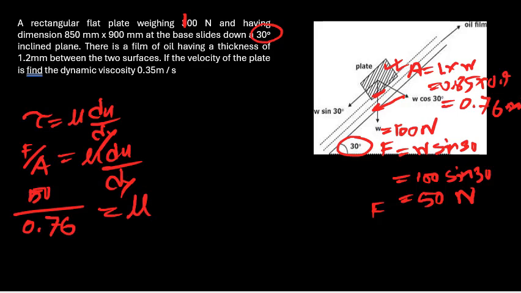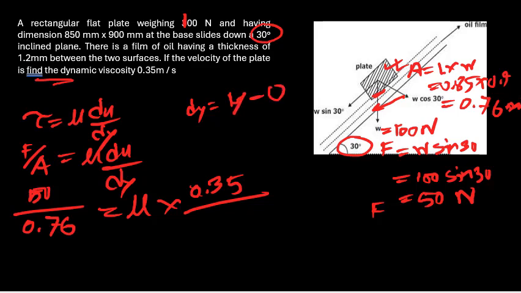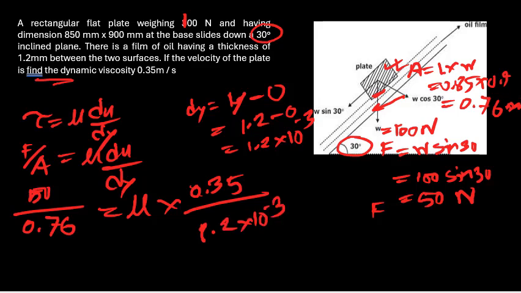Mu, the dynamic viscosity, we have to find out, and U is given as 0.35. Then dy equals final minus initial, that is 1.2 minus 0, that means 1.2 times 10 to the power minus 3.